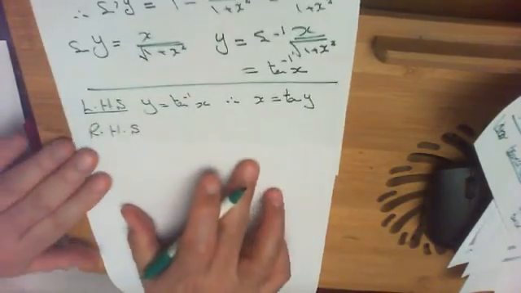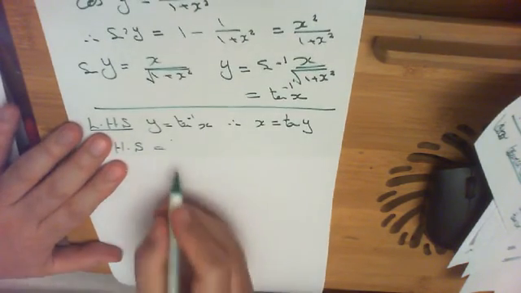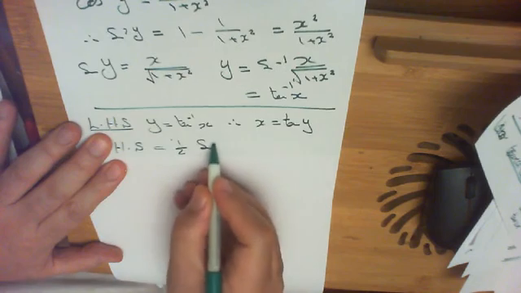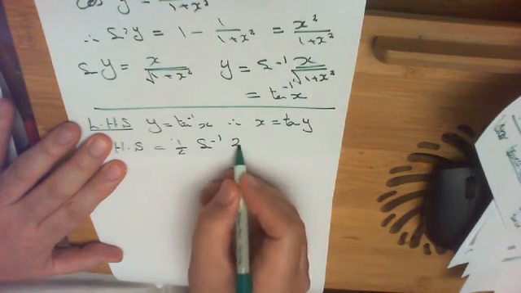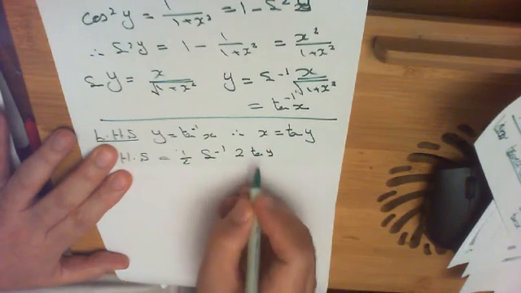Right hand side equals half sine minus 1 of 2x over 1 plus x squared.